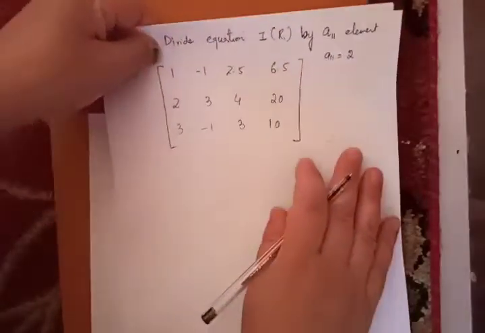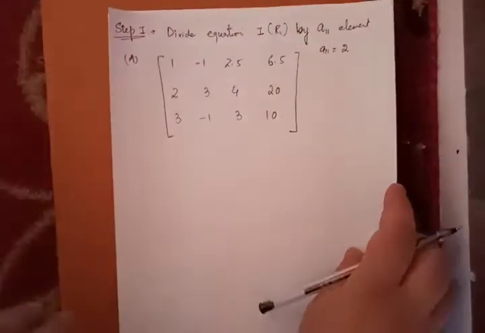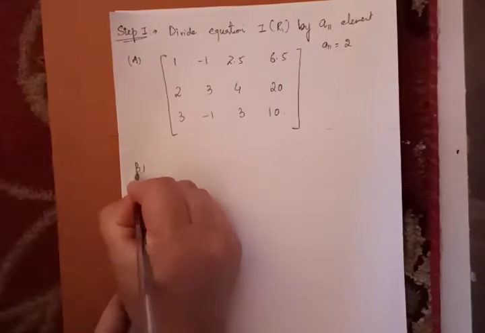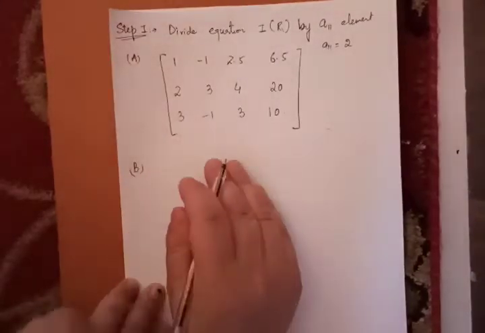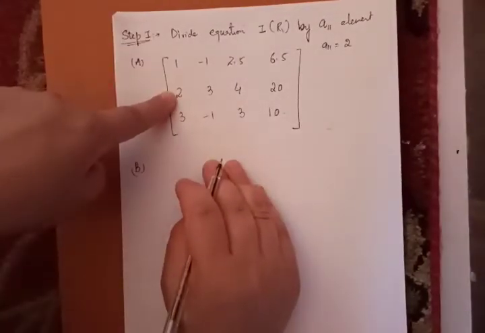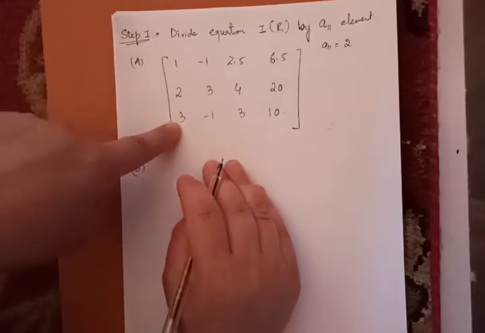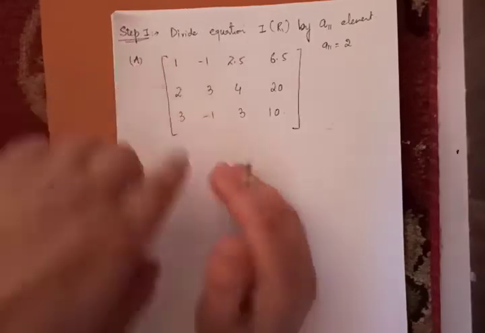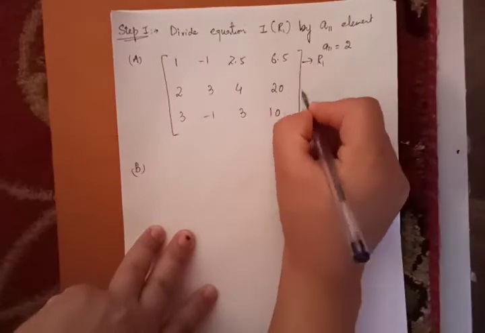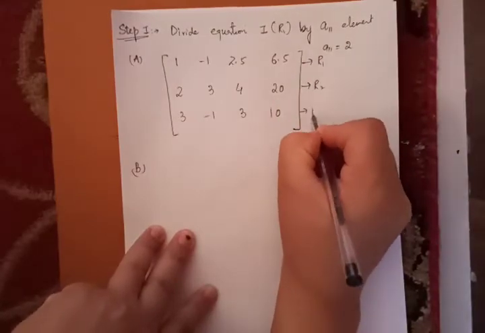Then what we have to do is, step B, now we have to eliminate x1 from equation number 2 and x1 from equation number 3 with respect to the first equation, as we did in the Gauss elimination method.